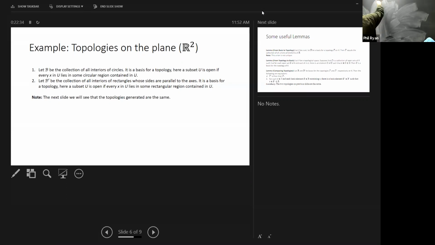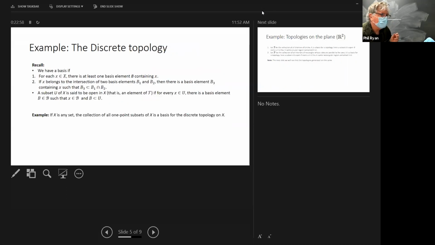So here is R2, and a subset U is open if every x in U lies in some circular region contained in U. So what does this mean? Let's go back to the definition.